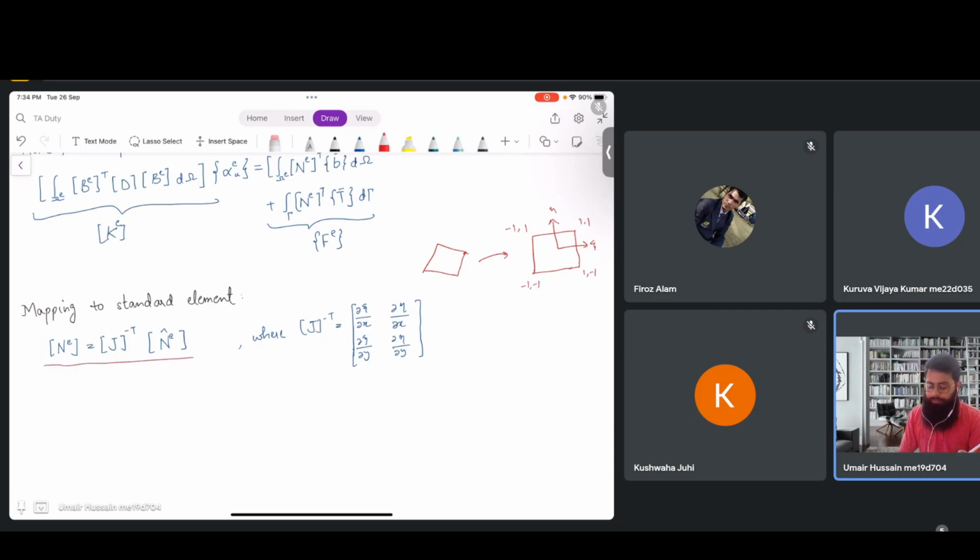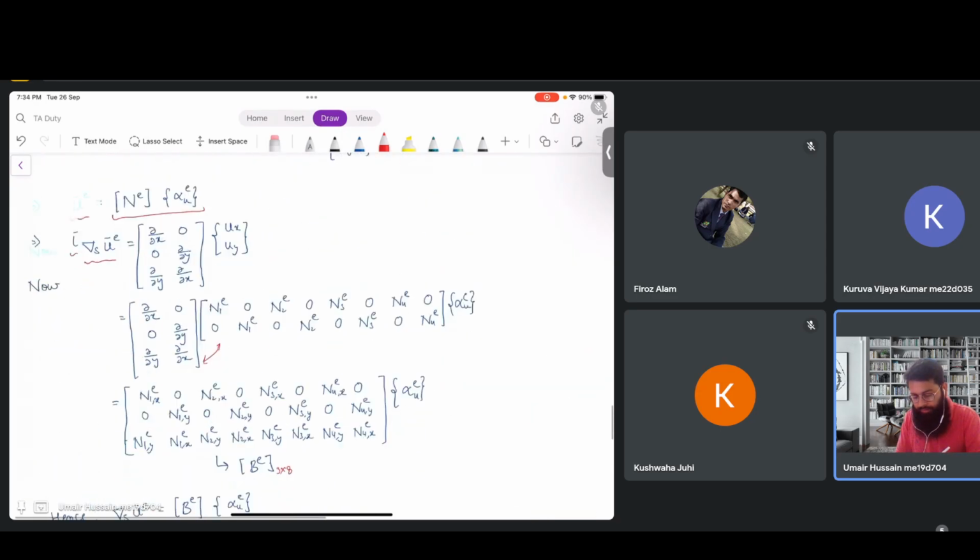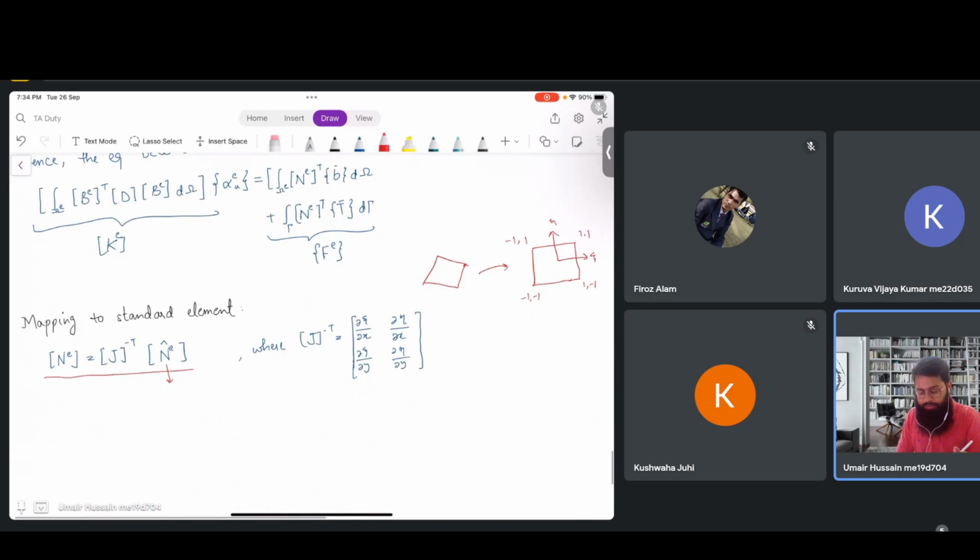So if we calculate this N matrix for the standard shape functions in terms of eta and xi, and multiply it by the transpose of the inverse of the Jacobian, we can get this N matrix for the given coordinate system.